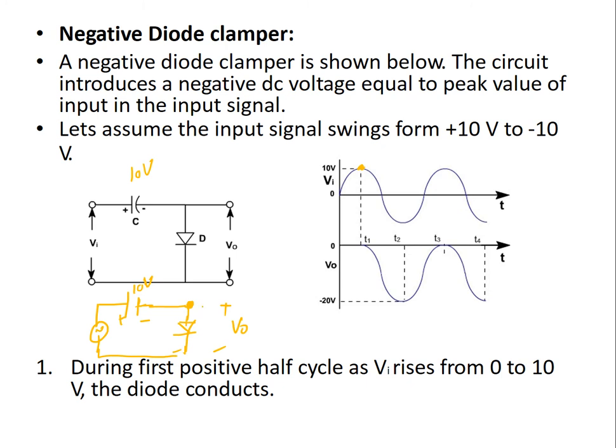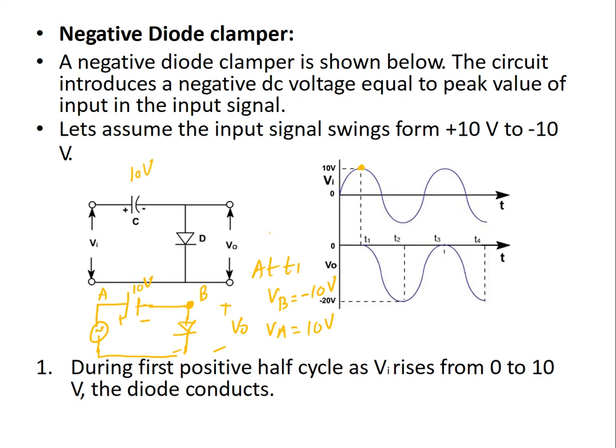Let's say this is point B, this is point A. At T1 the VB voltage will be minus 10 volt, due to this capacitor polarity. Now we are here. At VA point, this is also 10 volt, right?